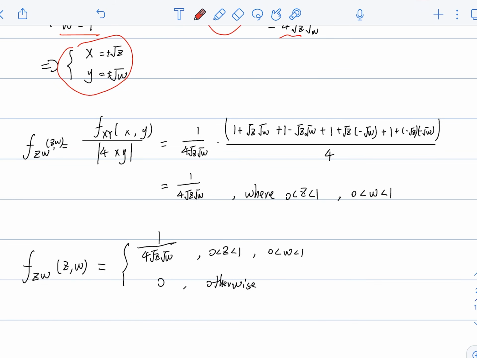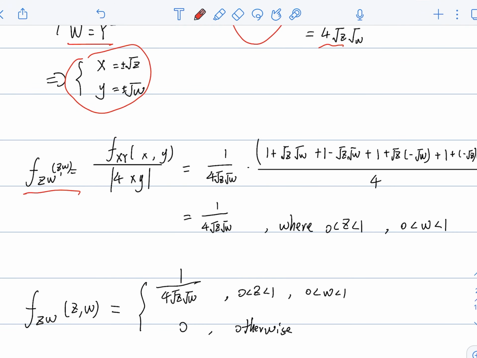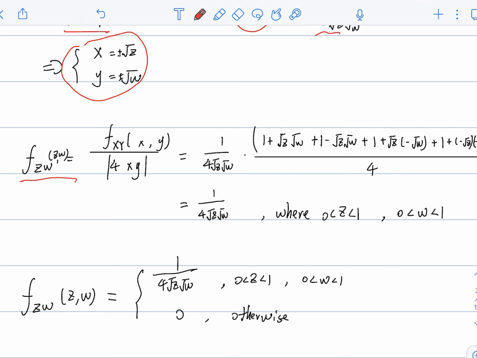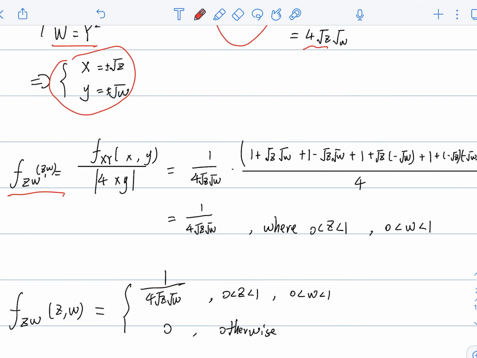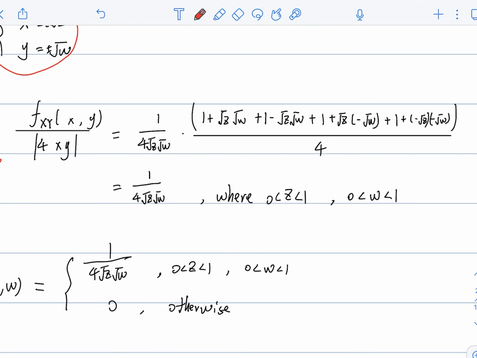Hence, we can calculate the joint density function of z and w, where z is equal to x squared and w is equal to y squared. Therefore, the joint density function is equal to f(x,y) divided by the absolute value of the Jacobian, which is equal to this.